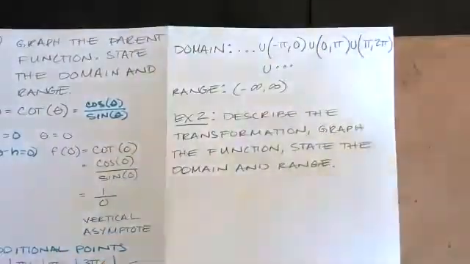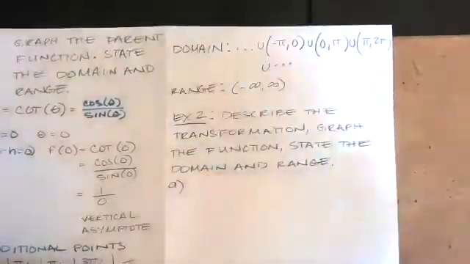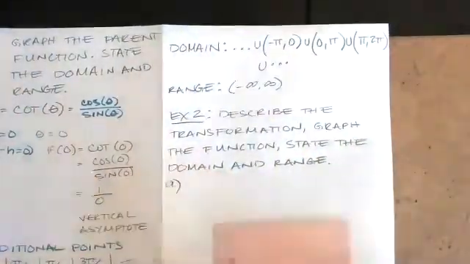Okay, so let's see what happens here. We'll call this part A. We'll do a tangent one and then we'll do a cotangent one.